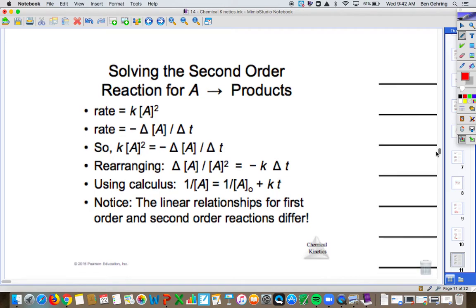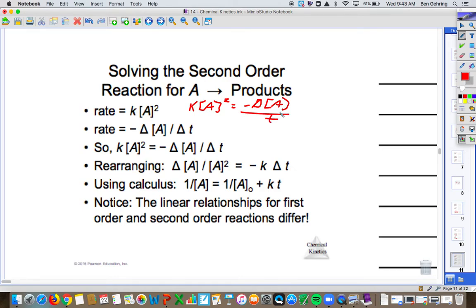So if we're solving this for the concentration of A, we now know that the rate is equal to k times A squared. And the other rate that we talked about previously was your change in concentration over time. So I can set these two equal to each other, so I get k times A squared, which is equal to negative change in concentration of A all over t.